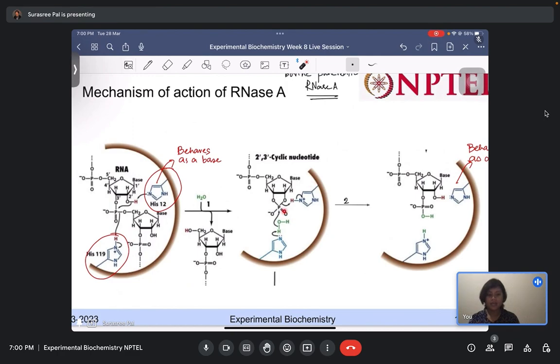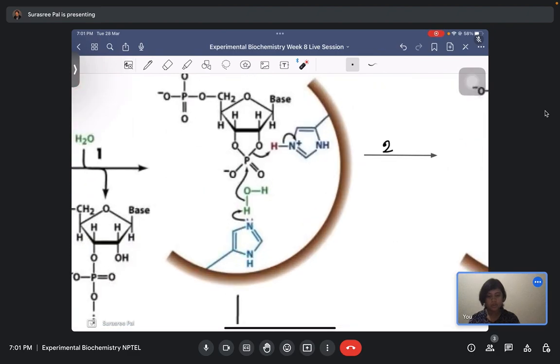And it donates this proton to this particular bond. The second histidine, histidine 119, also accepts one hydrogen atom from the water molecule, and so it breaks this bond with this particular nucleotide.